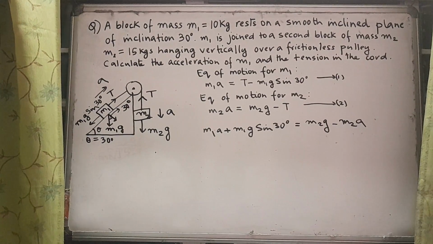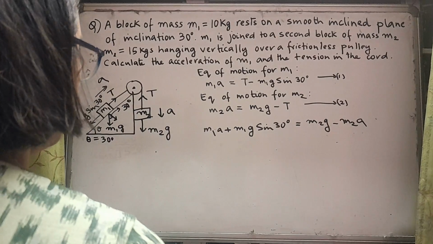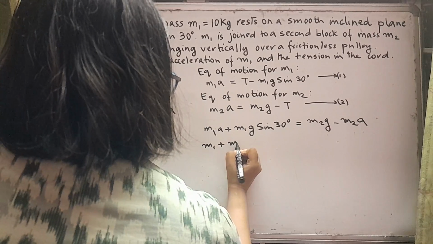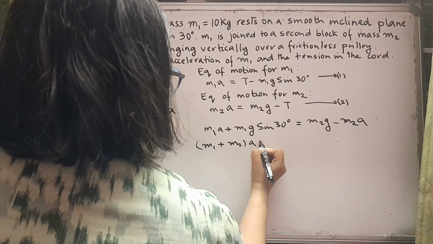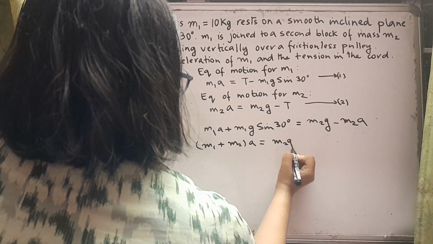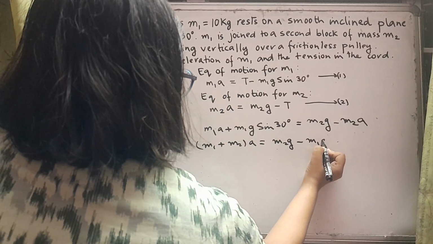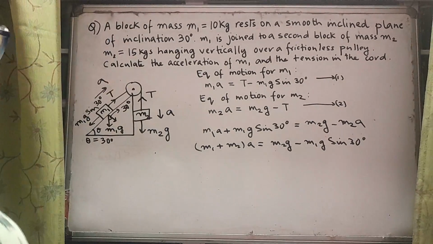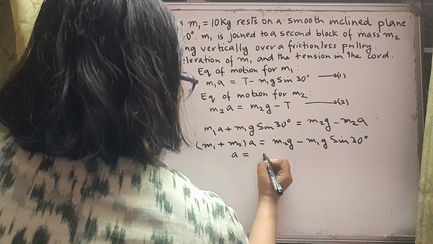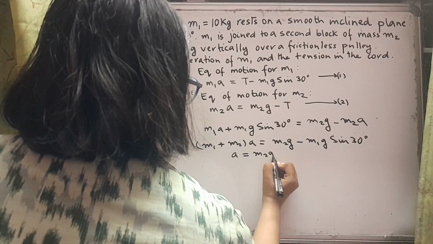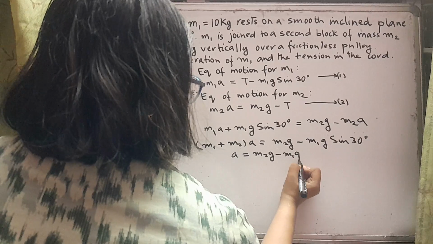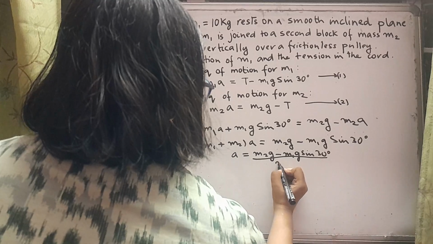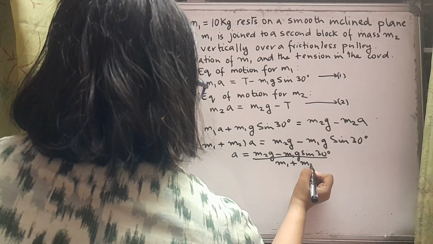So now if I solve for a, I have (m1 plus m2) a equal to m2g minus m1g sine 30. So a is equal to (m2g minus m1g sine 30) divided by (m1 plus m2).